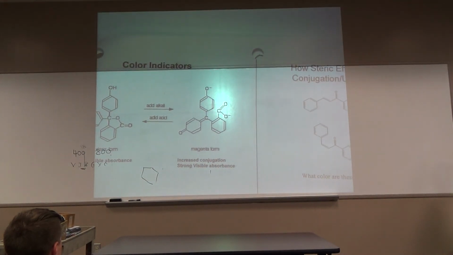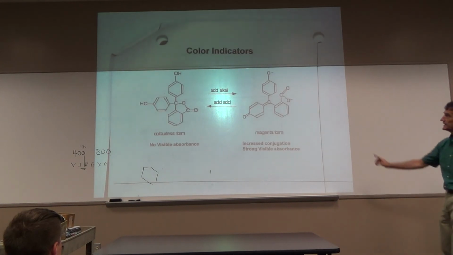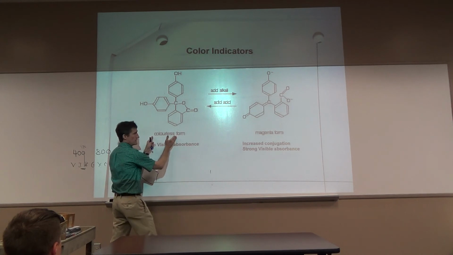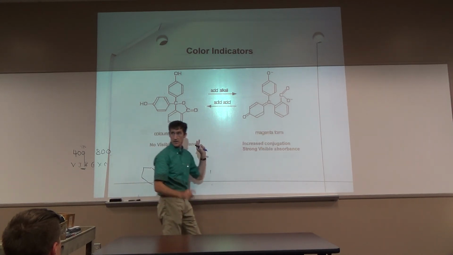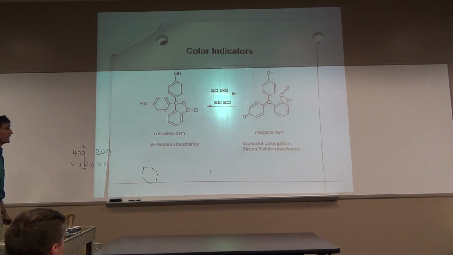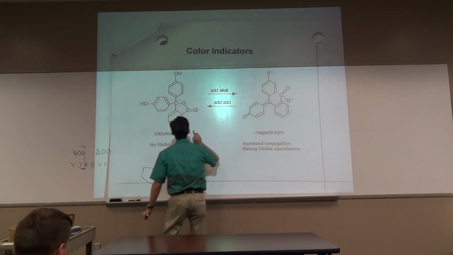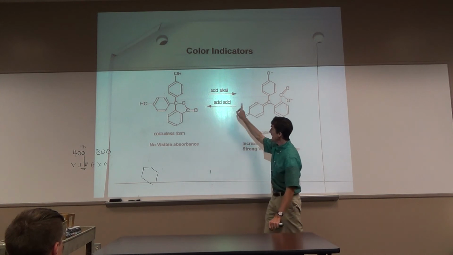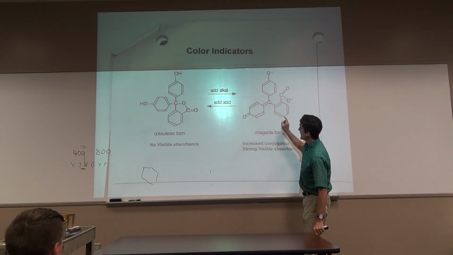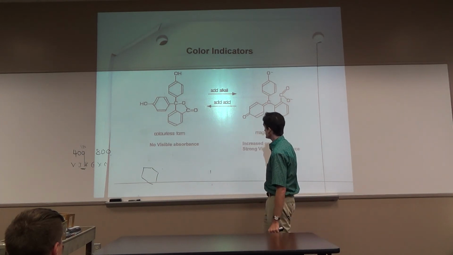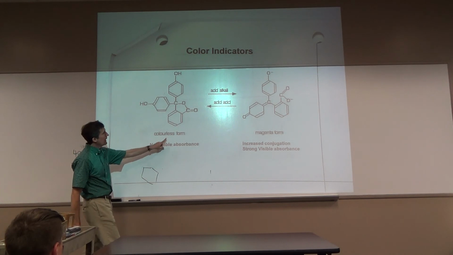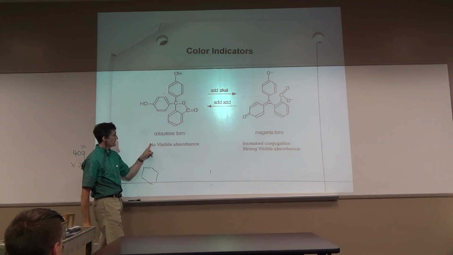A couple of miscellaneous things, and then we'll give a take-home message. Indicators. You've seen indicators where maybe one form is colorless and another is colored, and they can go back and forth depending on maybe pH. What's going on here? It's just two different forms, and depending on the acid or base, it can exist differently. This indicator, under acidic conditions, is colorless.